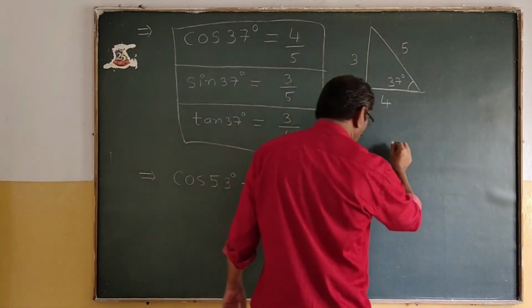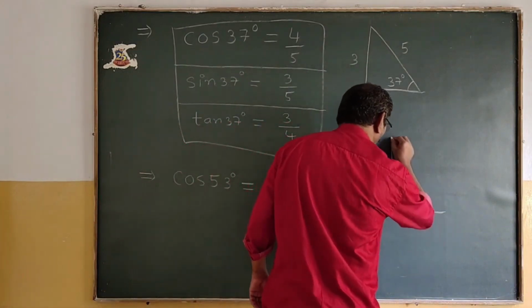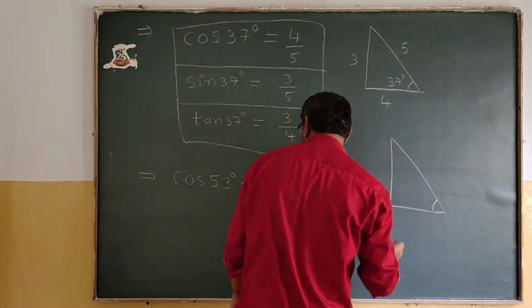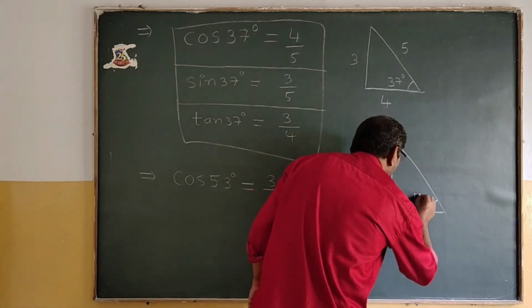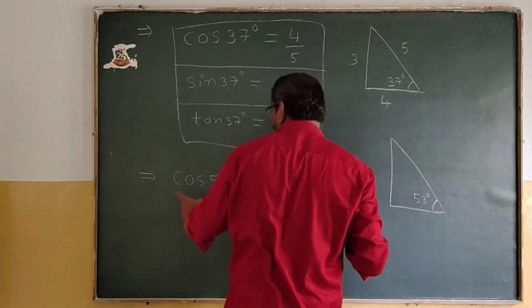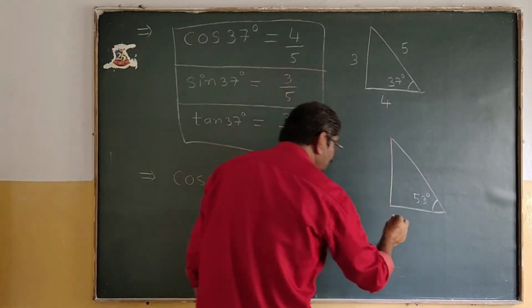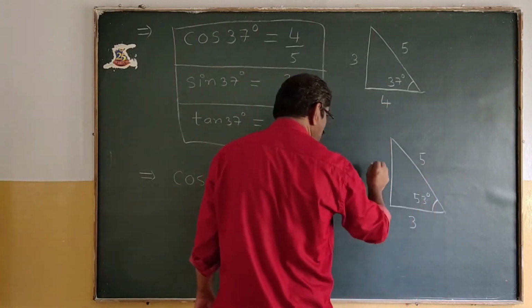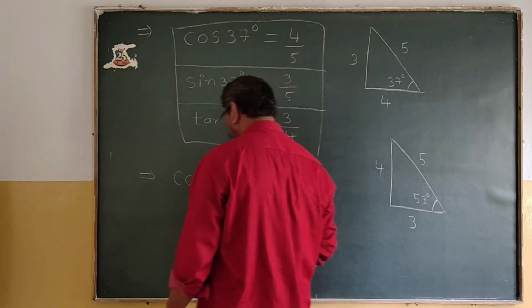So once again, if I draw the right angle triangle, this angle will be 53 degree. So cos 53 degree will be 3 by 5. This will be 3. This will be 5. So opposite will be equal to 4.